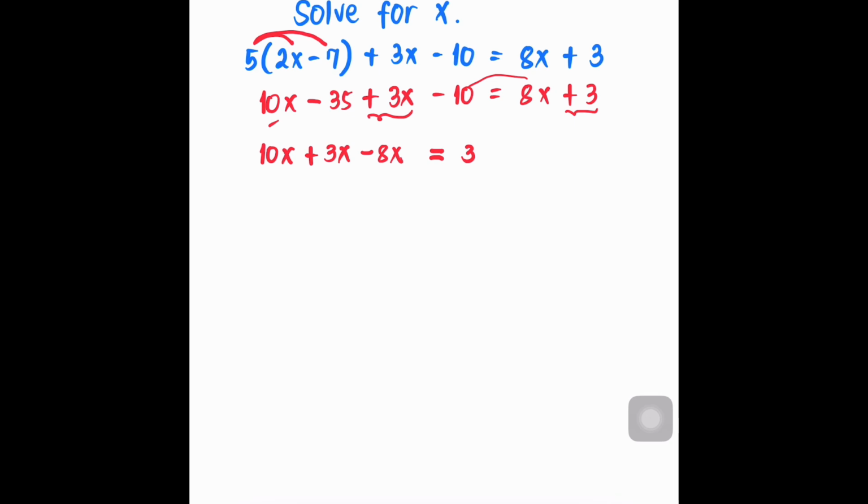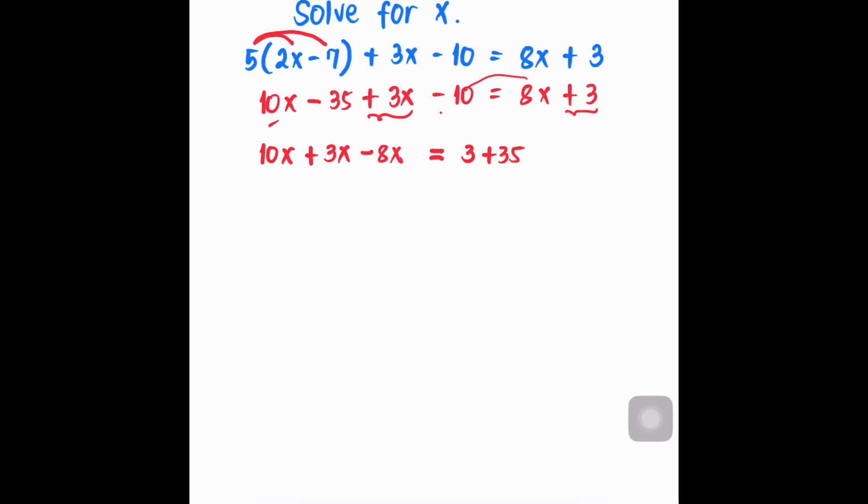However, there are 2 constant terms on the left that need to be transferred to the right hand side of the equation. So we have negative 35. The rule is whenever something jumps over the equal sign, we have to change the sign to the opposite. So negative 35 jumping over to the right hand side will become plus 35.